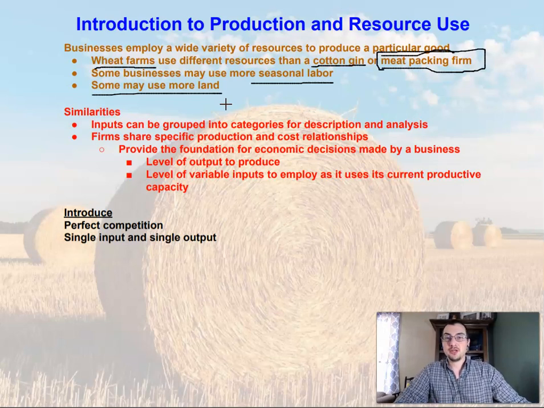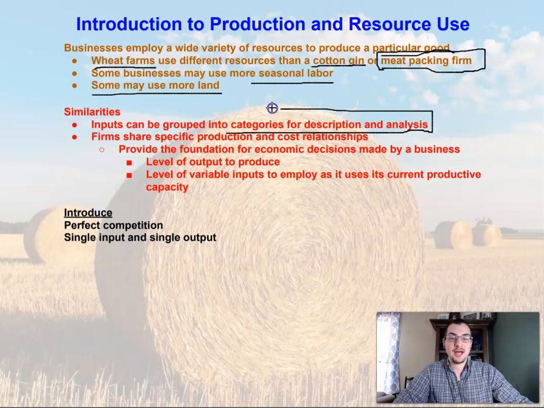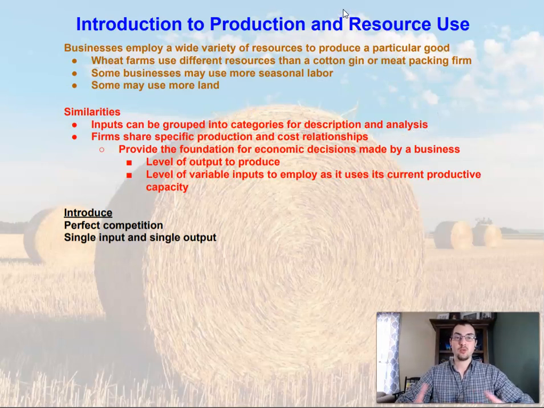Beyond everybody trying to maximize their profit, there are other similarities, especially when you get into the different inputs. We can group inputs into categories for description and analysis. One of the first things we're going to do in this chapter is take that wide variety of resources and classify them into four main categories: land, labor, capital, and management.